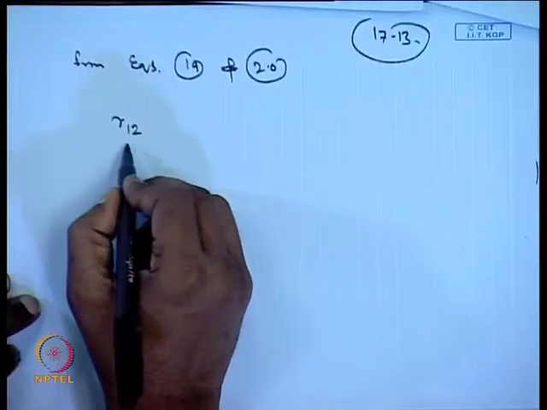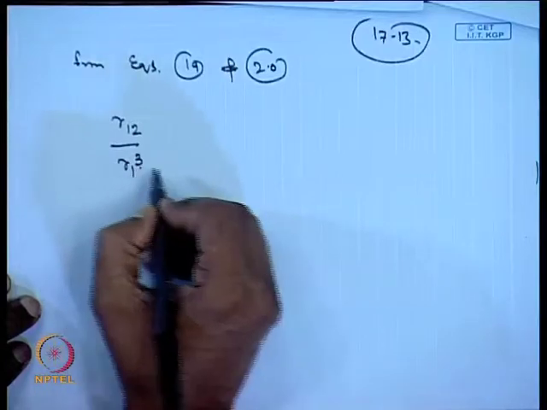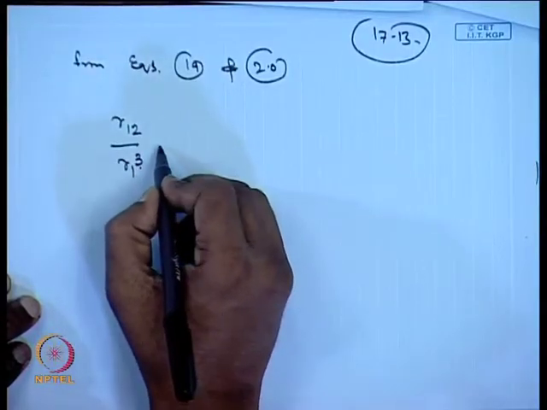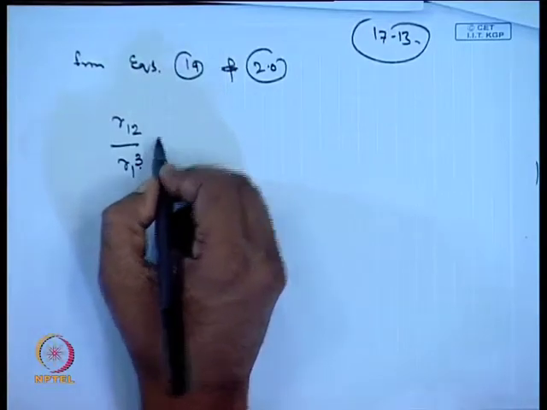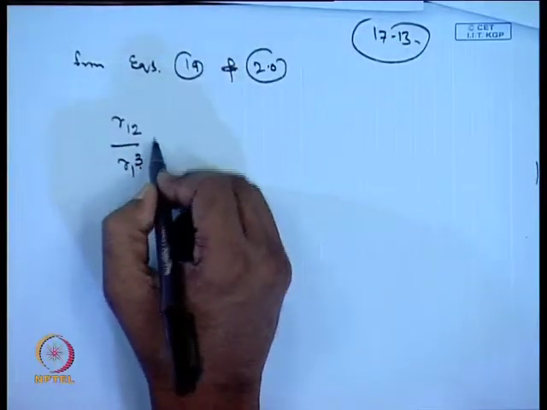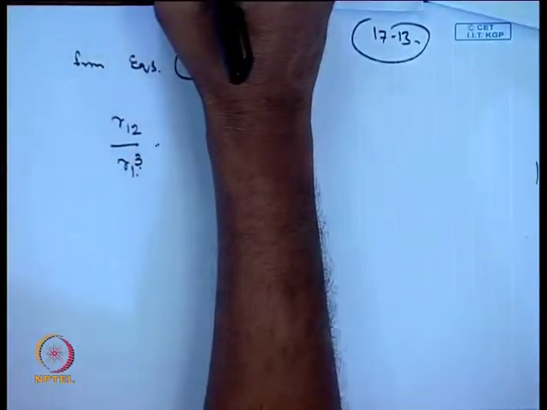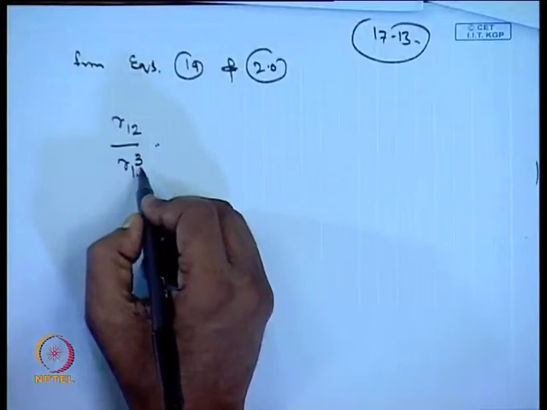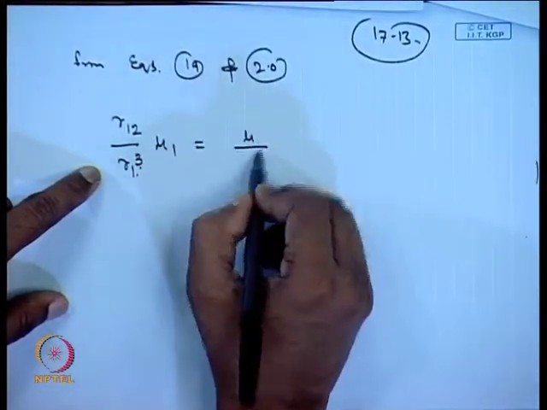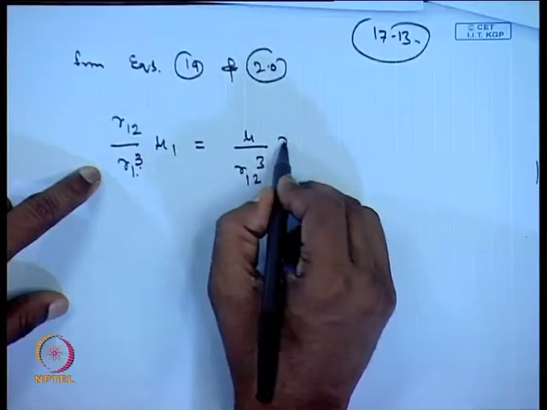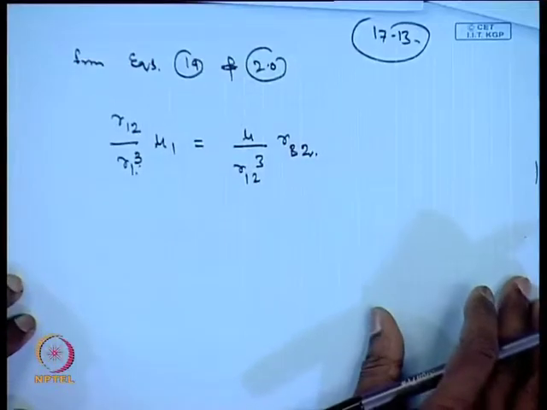R12 by R1 whole cube times mu 1 is equal to mu 2 times RB2.